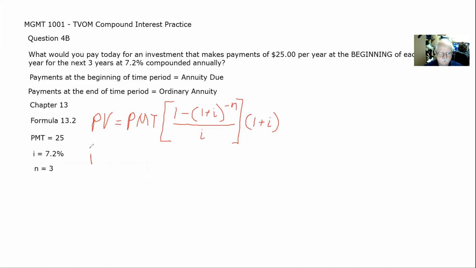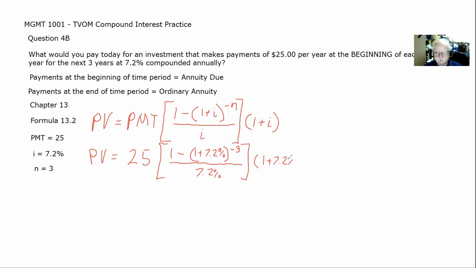So present value equals 25 outside of 1 minus 1 plus 7.2% to the power of -3, all divided by another 7.2%, and then multiplied by 1 plus 7.2% again.